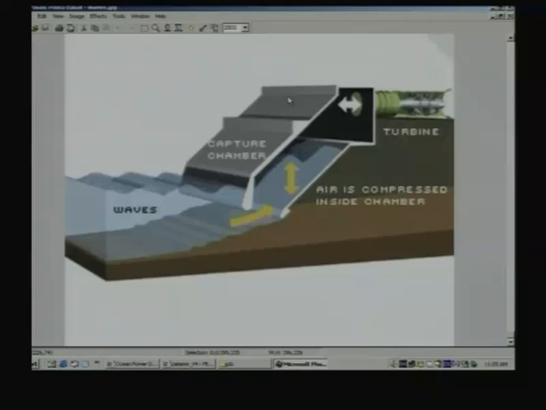Now, we will come to a concept that is actually being tried out in India. You see, when we talked about solar energy, solar thermal energy, we said that it can be trapped, it can be used by means of having some kind of a greenhouse effect.